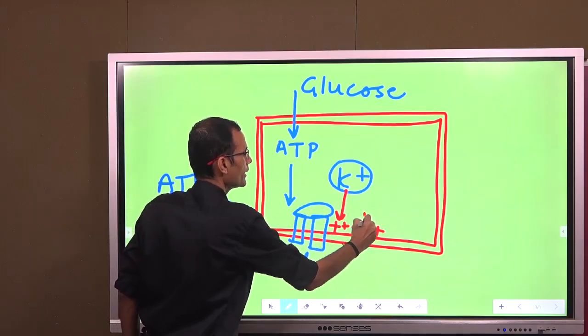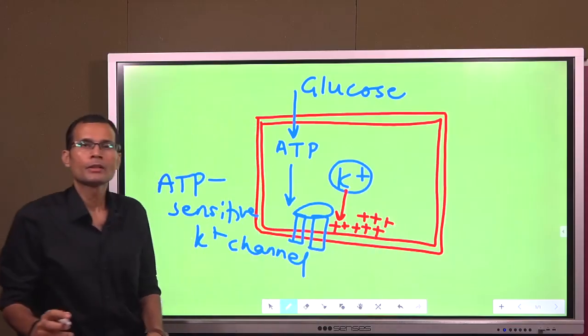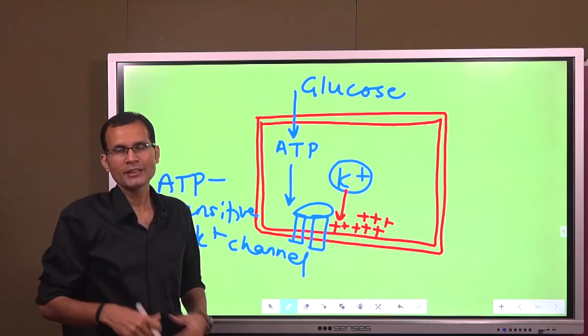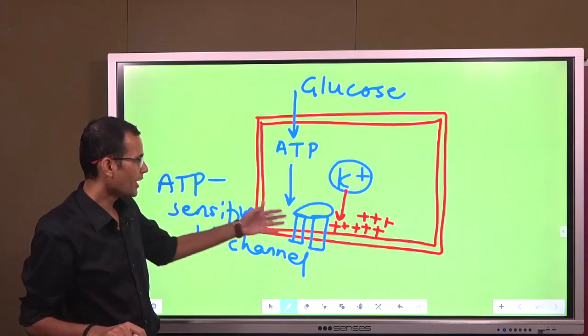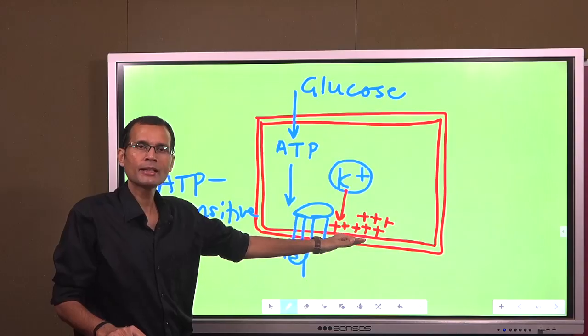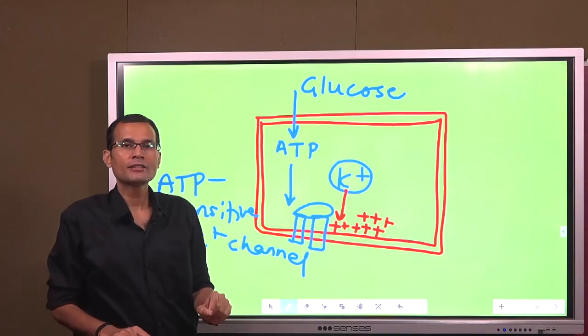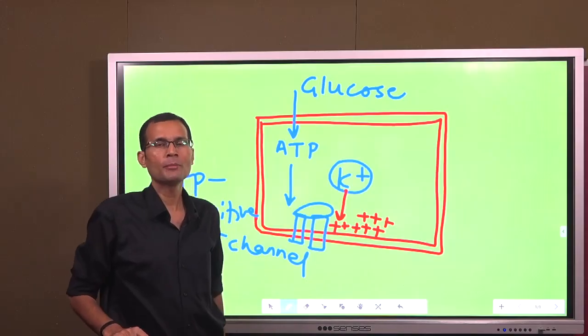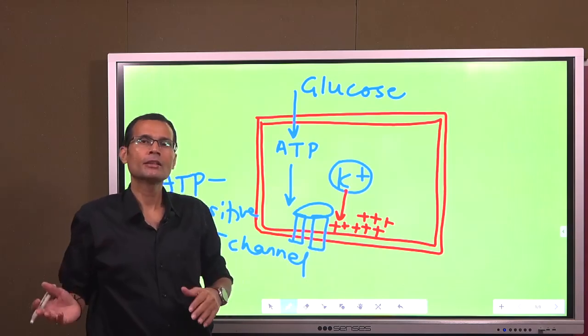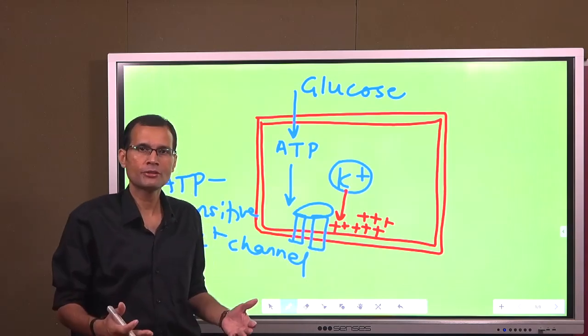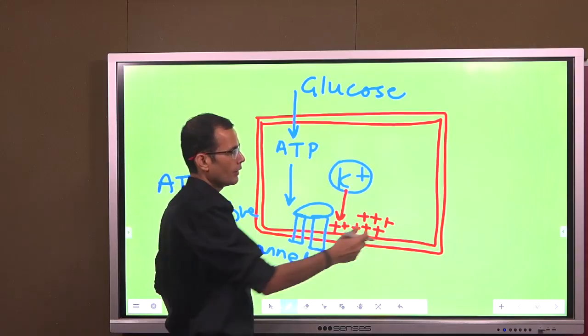It accumulates inside the membrane. It is expected to go out, but it can't. This is the depolarization of the membrane. Obviously, the inside of the membrane becoming positive, that's depolarization.